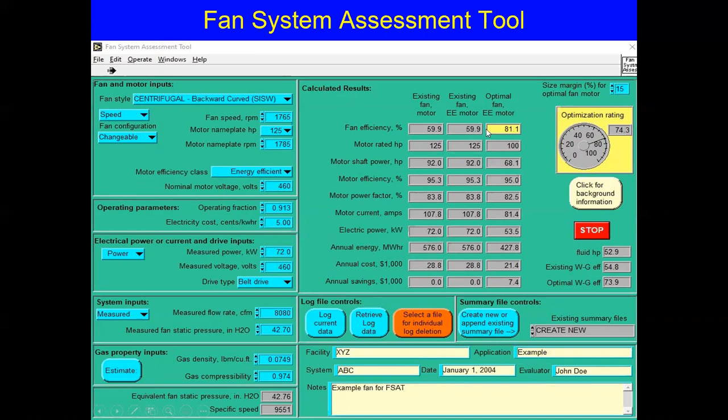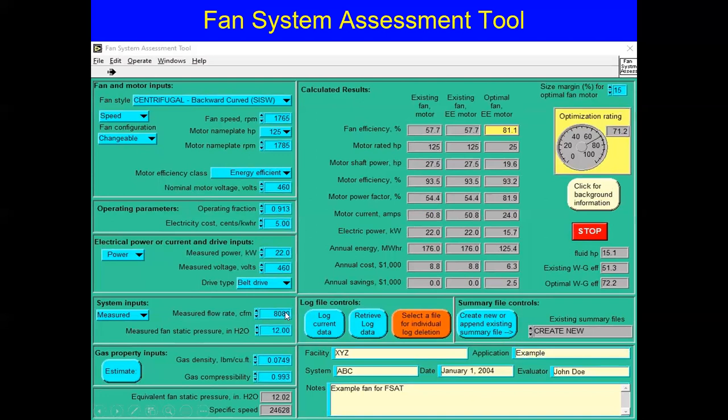Okay. Optimization rating, if you're going to replace the fan, you might pay attention to that. If I allow it to change fan types, it could see doing this at this pressure. It could see doing that for 21,400, but I'm going to change the system. So here is the after case where everything is pretty much the same, except we've changed the measured fan static to 12%.